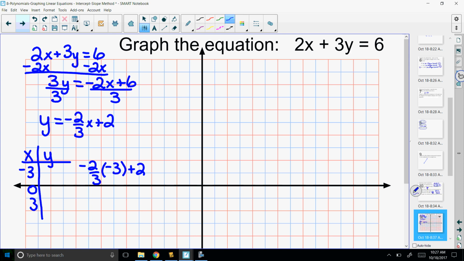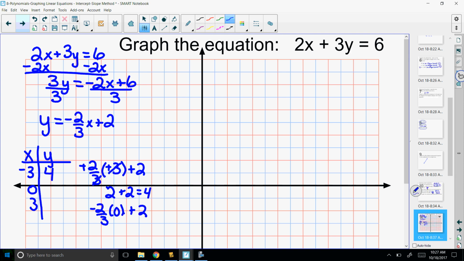All right, so what is negative 2/3 times negative 3? Negative times a negative is a positive, and the 3's cancel. So you get 2 plus 2, which is 4. So my y value is 4 if x is negative 3. What happens if x is 0?